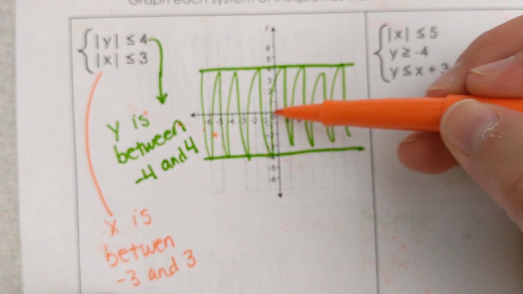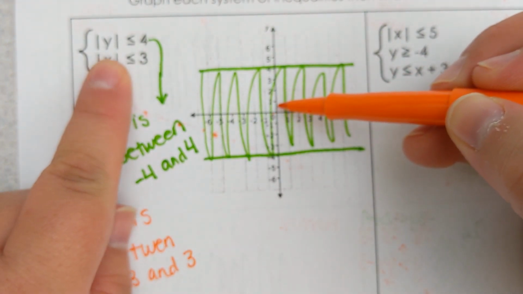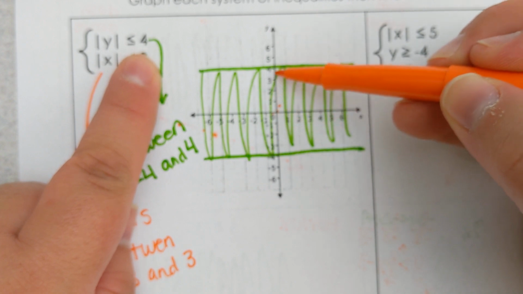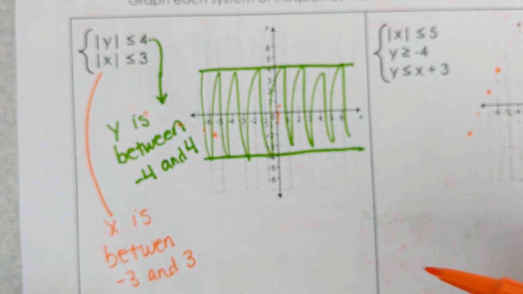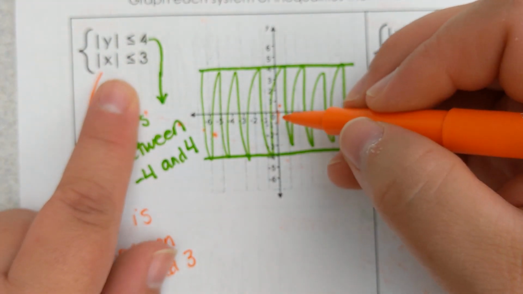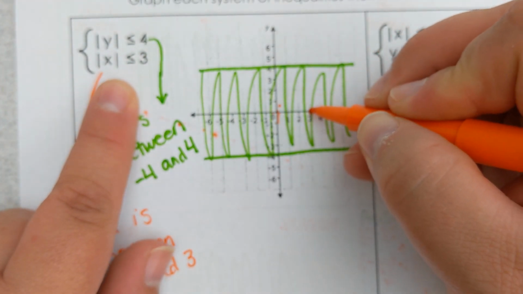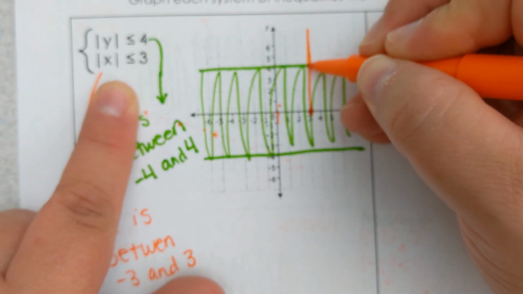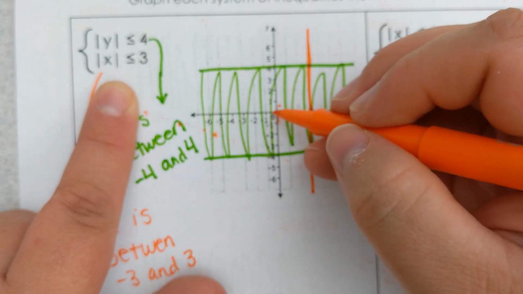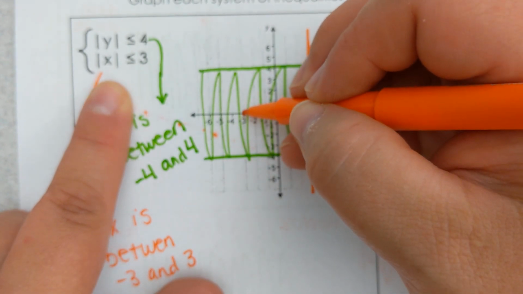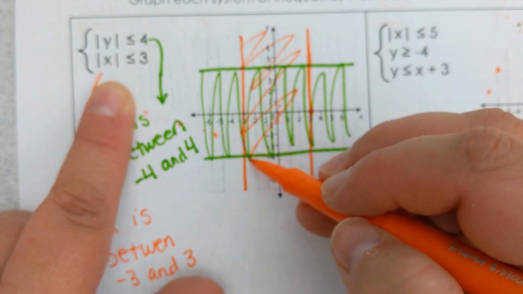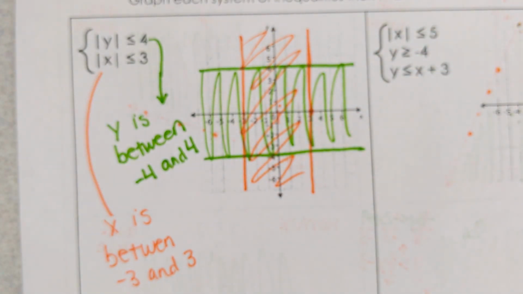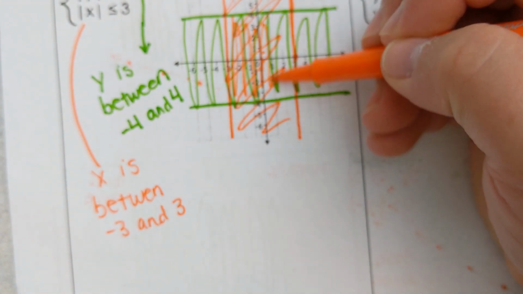If I start at 0 and I want y to be closer than 4 to 0, that's going up 4 and anything closer, and going down 4 and anything closer. And for x, I want it to be within 3. So I'm going to go out 3 and draw a line going up and down for x, or I want it to be closer. Or I can go to the left 3, and I want it to be closer. So my solutions are right here.